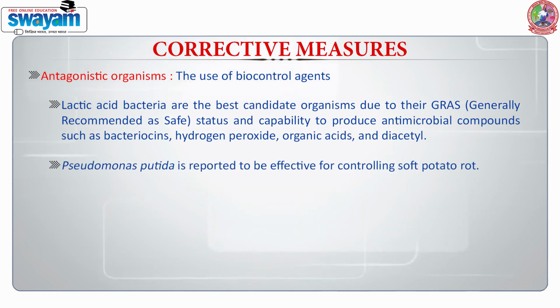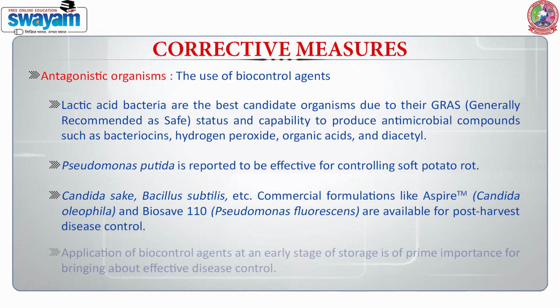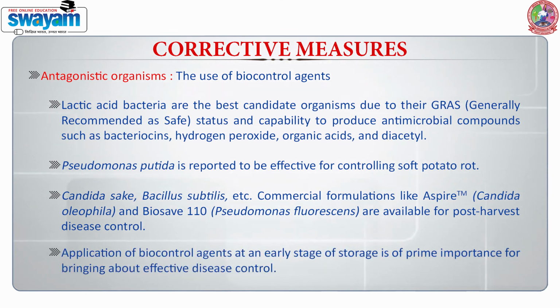Pseudomonas putida is also effective for controlling soft potato rot. Candida sake, a yeast, and Bacillus subtilis, a bacterium, their formulations are also being used as biocontrol agents, and these are available by various trade names in the market. These are all collectively helpful in reducing the post-harvest diseases of the fruits, vegetables and their products.